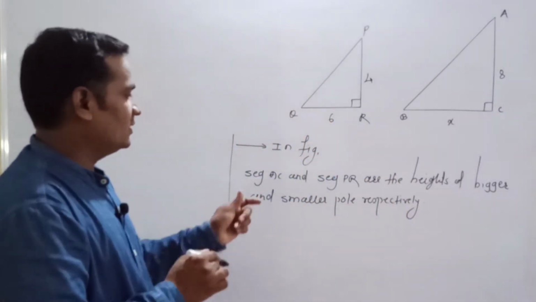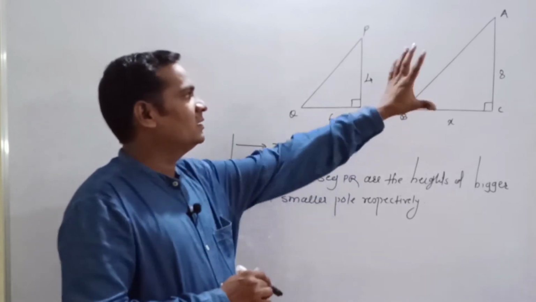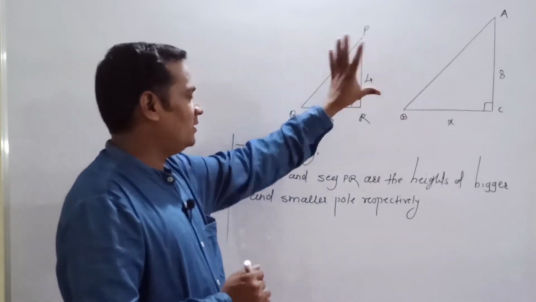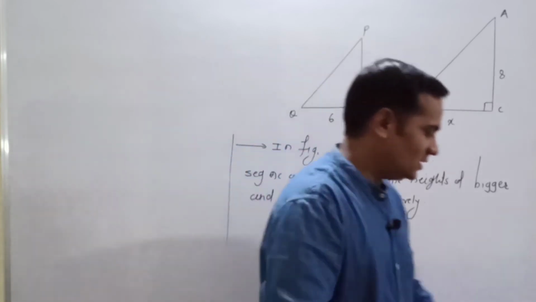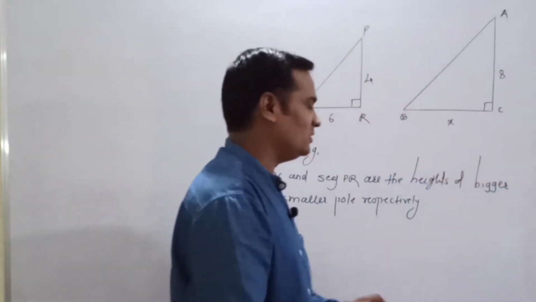Now AC is the height of the bigger pole, PR is the height of the smaller pole. And one more thing which is given, that the length of the shadow is given.